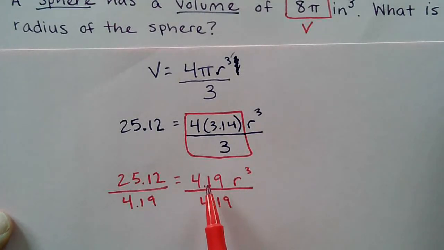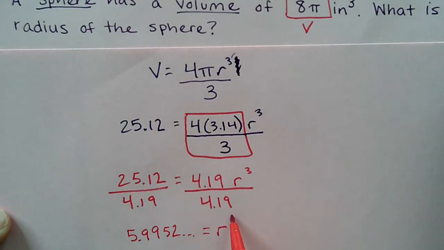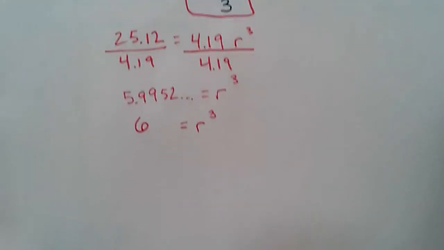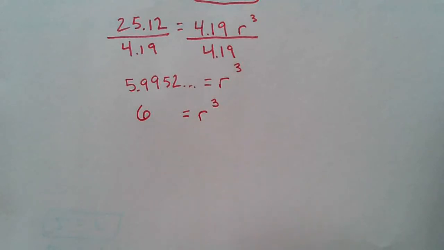If we round it to 4.19, we actually get an answer of 5.9952 and so on equals r cubed. Not a huge fan of that, so we're going to say 6. We're going to round it ourselves, r cubed equals 6. Now, this isn't nice. I can't think of a whole number that multiplied by itself 3 times makes 6.